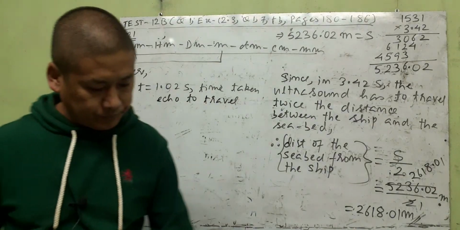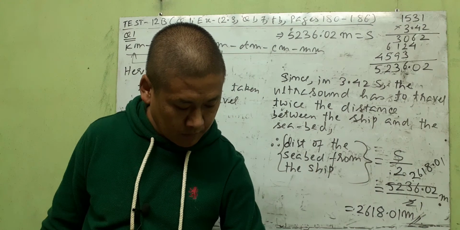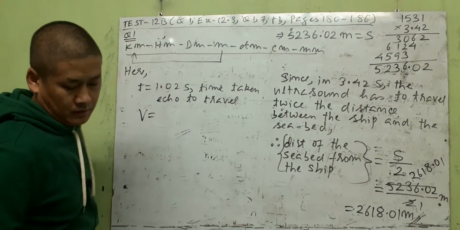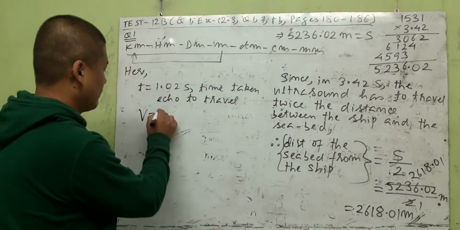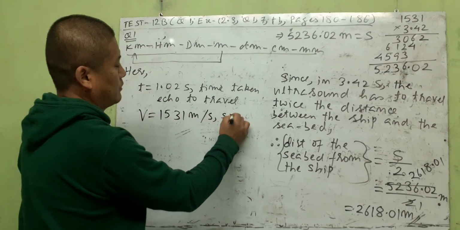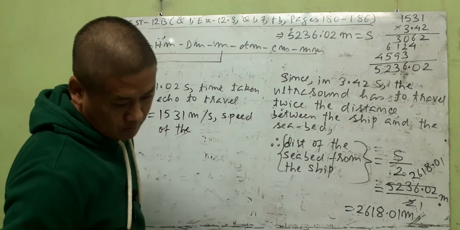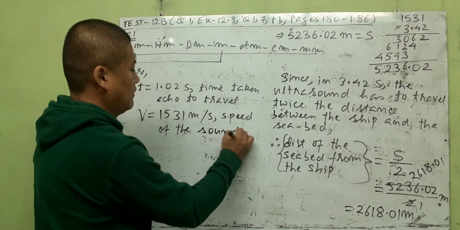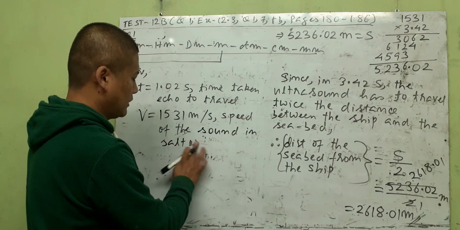Right, so next, the speed of the sound, v, is 1531 meter per second, the speed of the sound in salt water, that means the seawater.